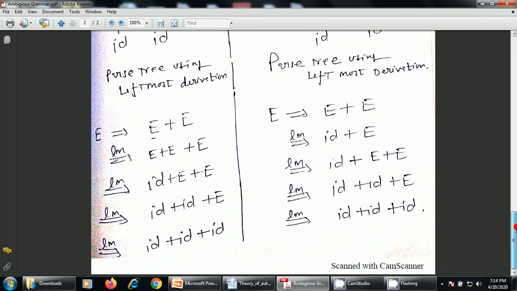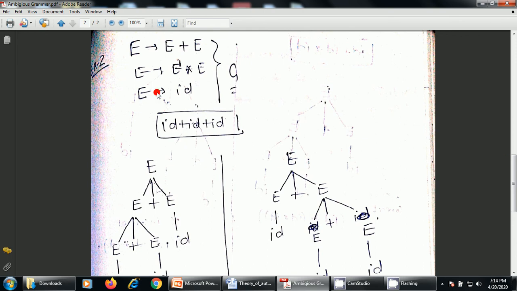See, this is derivation 1 and this is derivation 2. E gives E plus E. In place of the first E put E plus E and keep the other E as it is. Then in the next step, in place of capital E we can put id, because E gives id. Here in place of capital E we can put E plus E, E into E, and we can also put id.